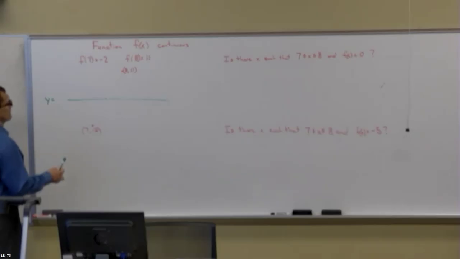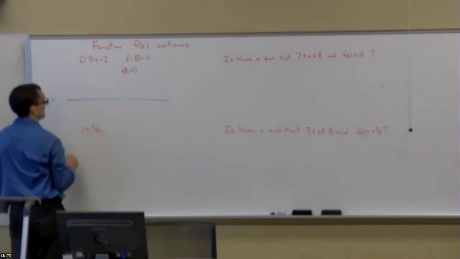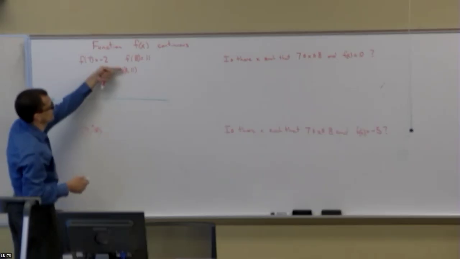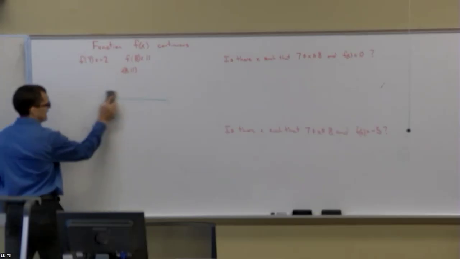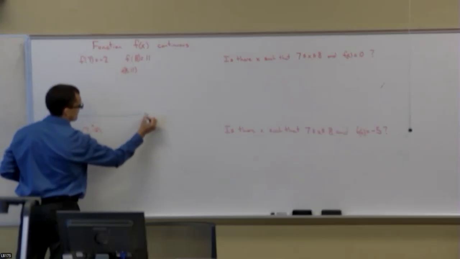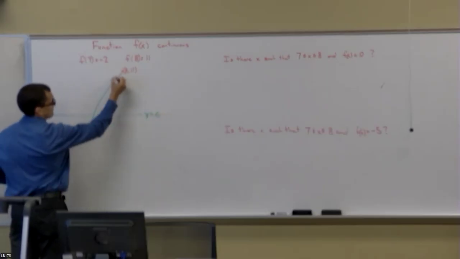We're looking for a number between 7 and 8 where my output is 0. Well, 0 is between -2 and 11. In fact, it would be a little bit closer to -2 than 11. So y equals 0 is here. Do I have to cross it? Yes, I'm going to have to cross it.